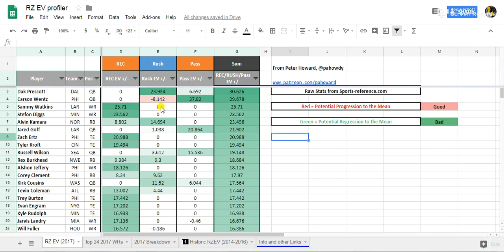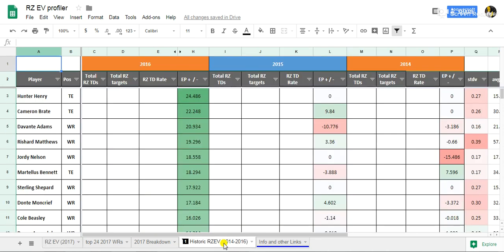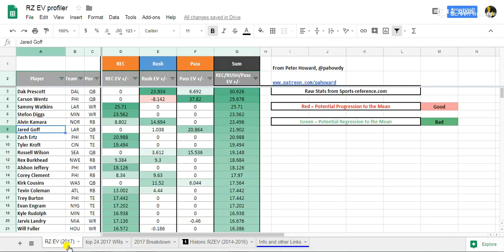And again, I've already broken that down into a neater table where you can just compare all 3 for every single player from 2017. What I also have in this sheet, though, is actually historic Red Zone EV. I went back and calculated it from 2016, 2015, 2014, and that gives you somewhere to look up, because remember, this is based on a league average. So when you look, like I was saying about Dak Prescott, is that really fair since he's a quarterback?